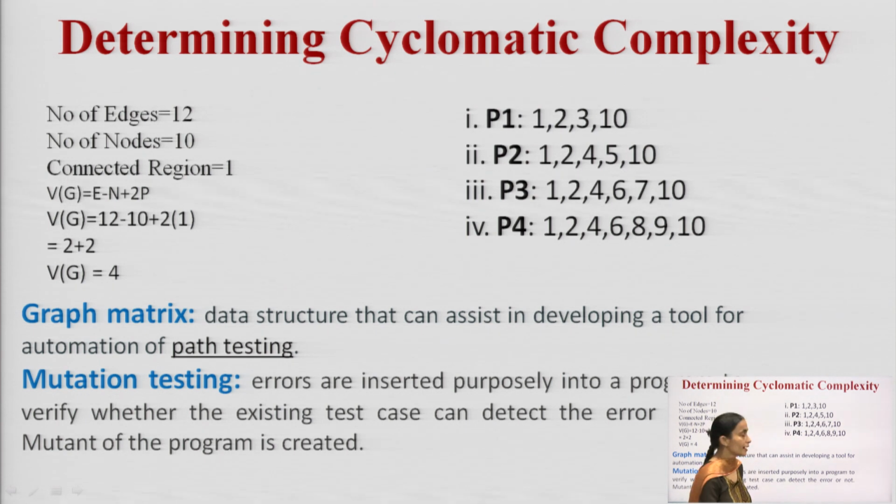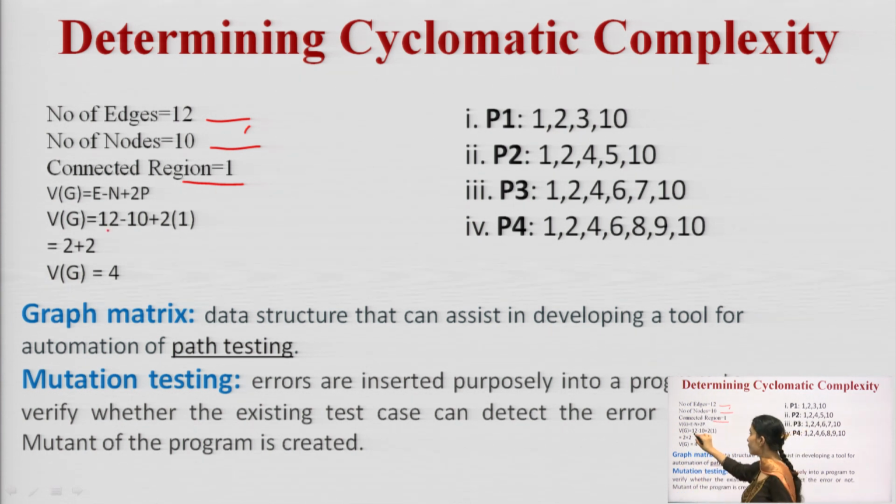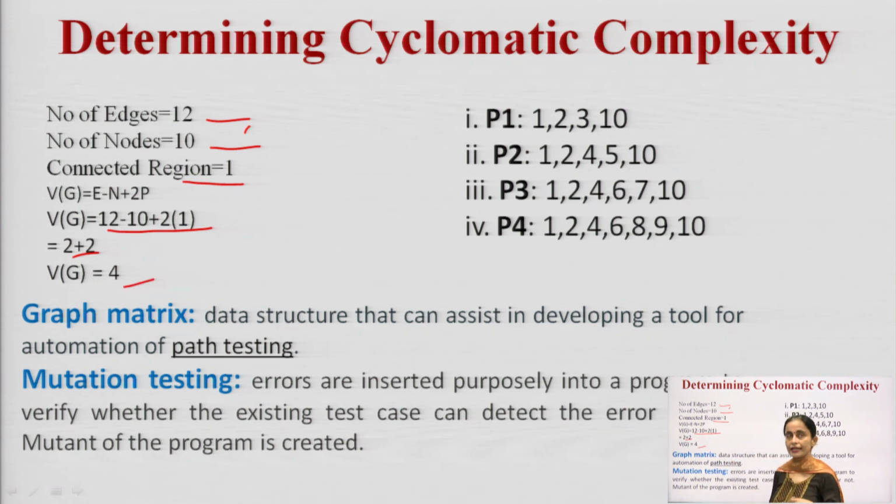So, I have written edges is 12, nodes is 10, and connected regions are taken as 1. From V(G) it is calculated as 12 minus 10 plus 2, that is 4. We can calculate it from the second and third method as well.